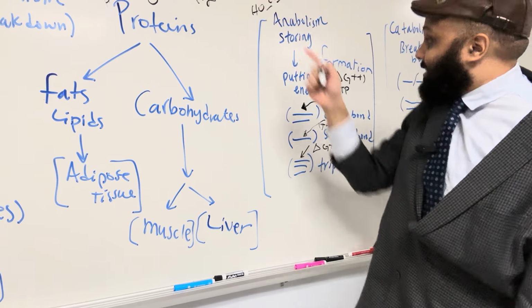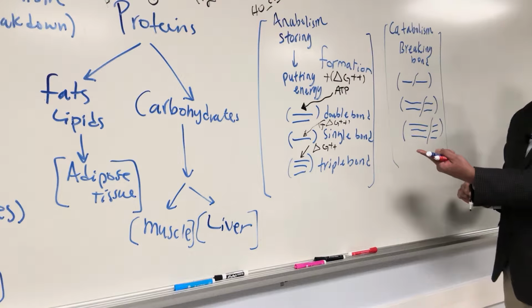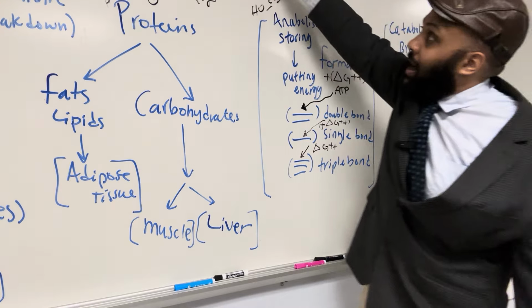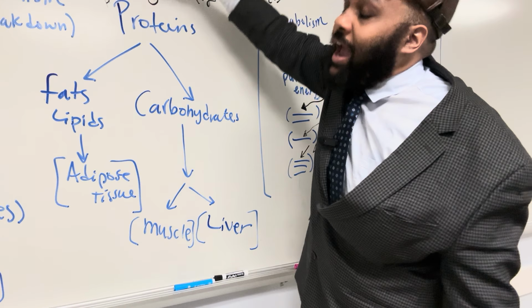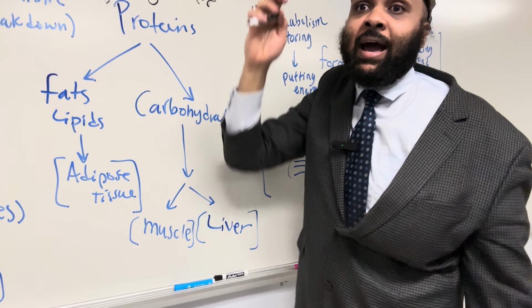That's the bond I was talking about here. When you make this bond, this is a very high energy bond. It's a rich bond. So when you made this bond through dehydration synthesis, this is the name of the process. And we saw last week, this happens all over.